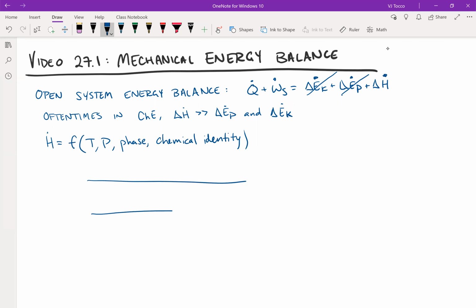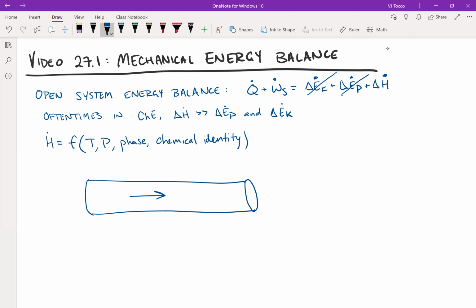And this is oftentimes where you see the application of the mechanical energy balance. So for simple liquid flowing through a pipe, there's not going to be a temperature change. There's also probably not going to be a phase change or a reaction, so the chemical identity will not change. There may be a change in pressure.